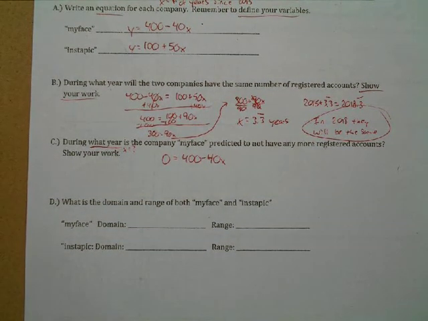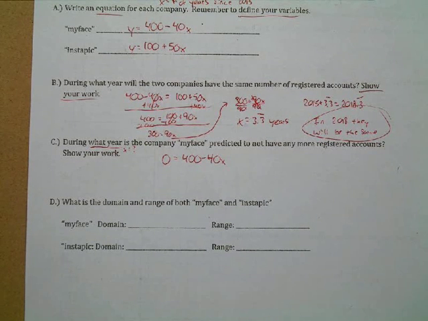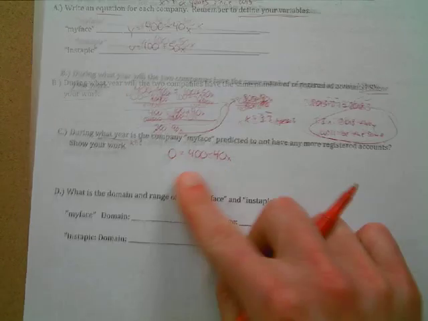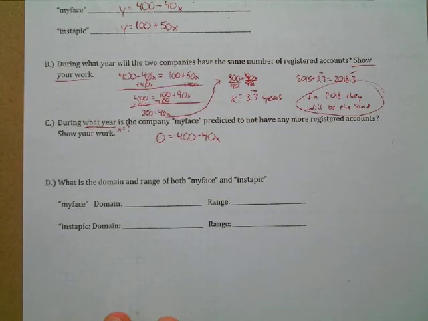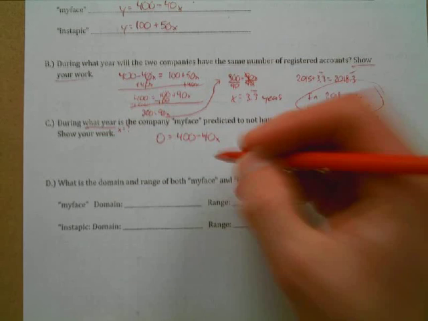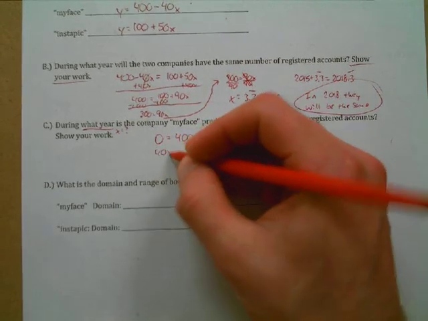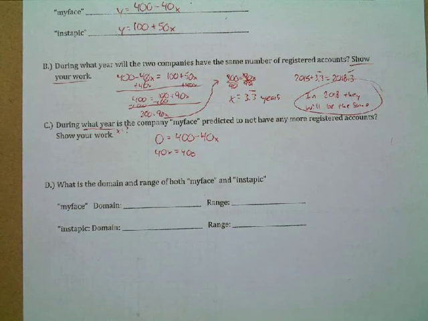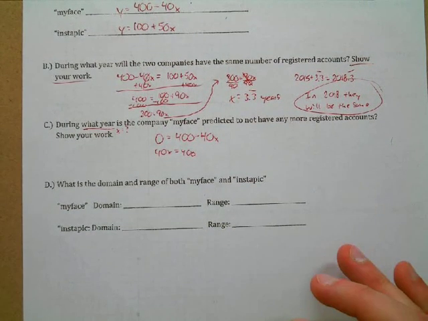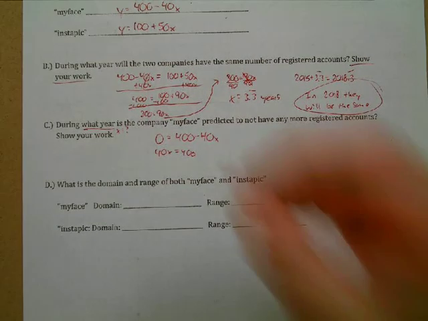Okay? So, let's go Kaylee. What would we do here to solve this equation, Kaylee? Okay, you want to add 40x to both sides? We can start with that. So we get 40x equals 400. And then to get the x by itself there, Kaylee, we're going to divide both sides by 40.